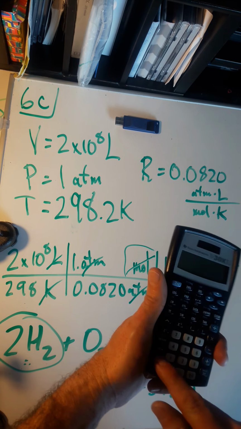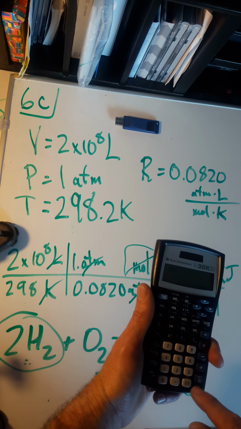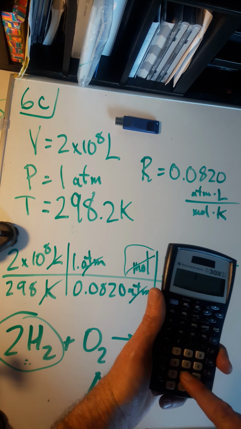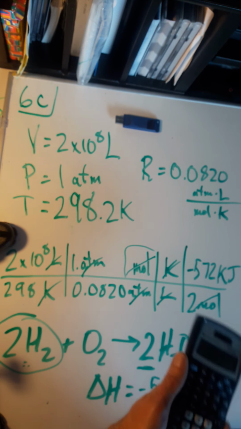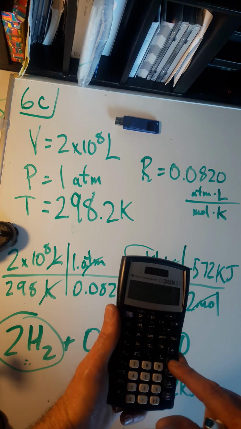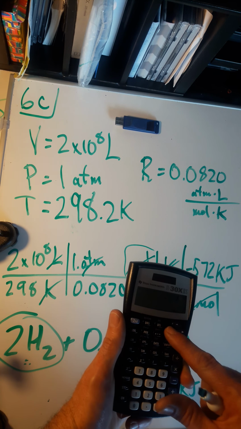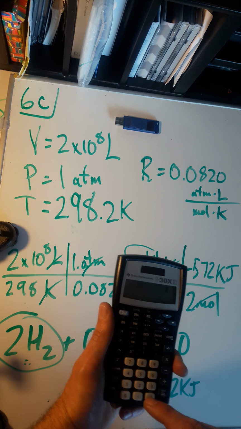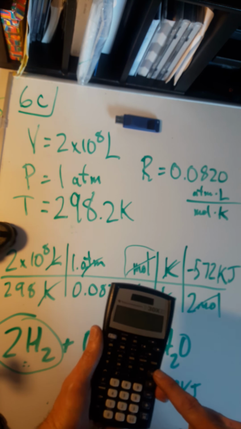It's going to be a pretty big number: 2 times 10 to the 8th divided by 298 divided by 0.082 times negative 572, and divide that by 2 down here.